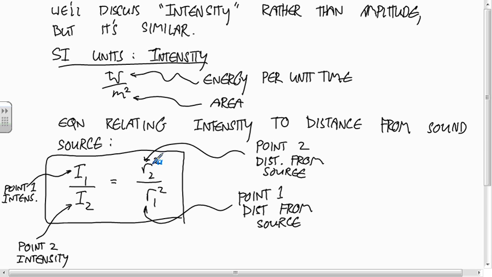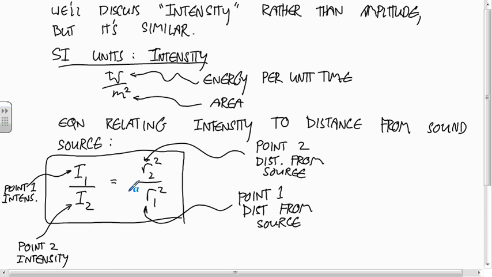One second later, it's gone far enough away in every direction to make a big sphere around the source. Two seconds later, it's a bigger sphere. To calculate the surface area of any of those spheres, you have to take the radius squared. That's just from the calculation of surface area, so that's a geometrical thing. So remember the square, that's important.